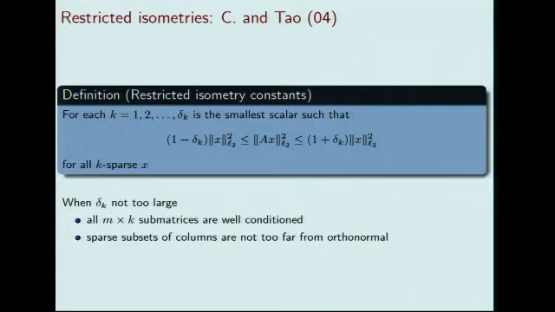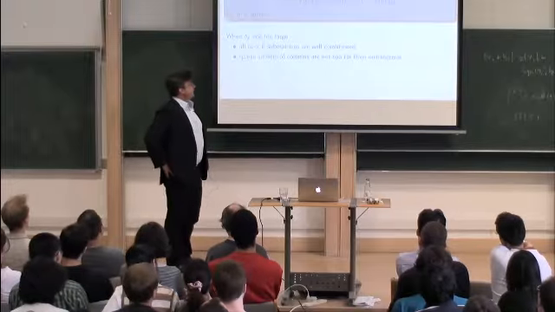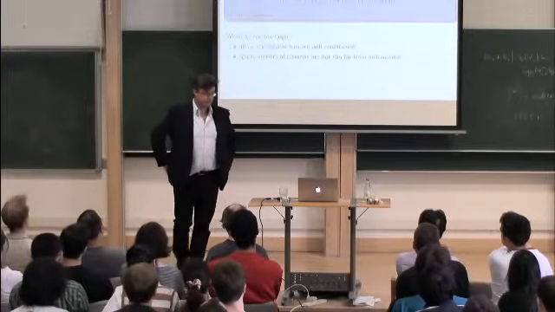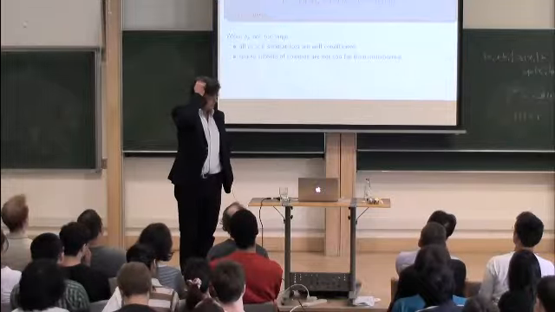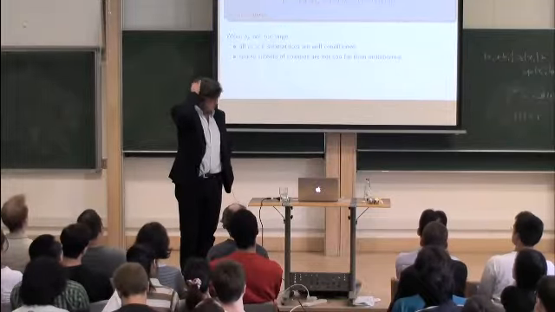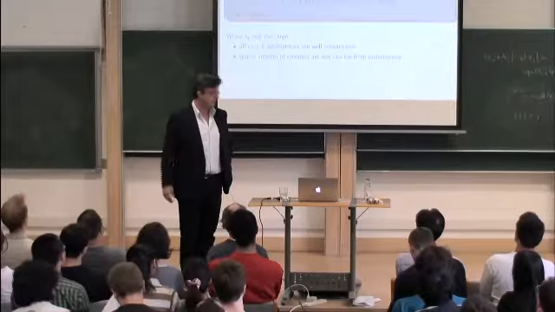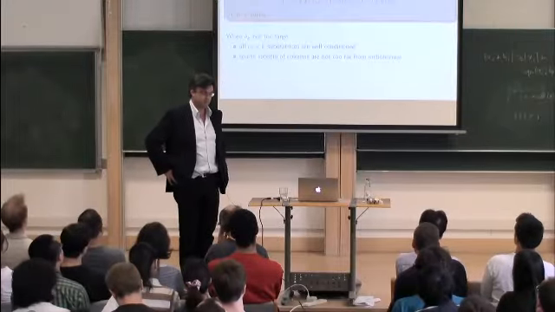Okay, so we're going to introduce numbers, delta k, and these numbers are the smallest scalar such that when I take a vector x which is k-sparse, that is, has k non-zero coefficients, and I hit it with a compressed sensing matrix A, and I look at the squared norm, then I want this vector to have a norm which is between (1 minus delta k) times the norm squared of x and (1 plus delta k) times the squared norm of x.